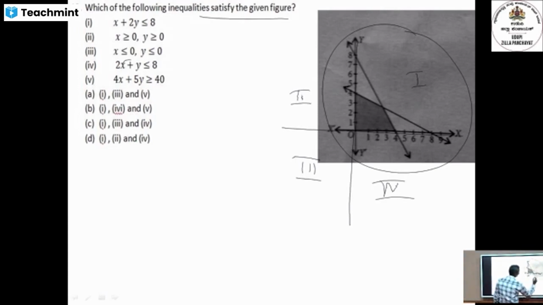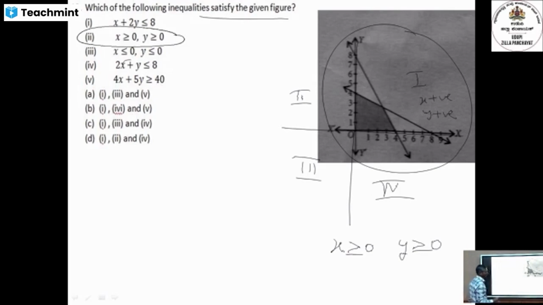Here the first quadrant conditions, x positive, y positive means what? x should be greater than 0, y should be greater than 0, or 0 is included, therefore greater than or equal to 0. So x greater than or equal to 0, y greater than or equal to 0 is necessary for this particular region.